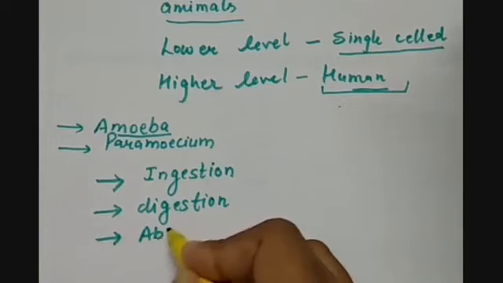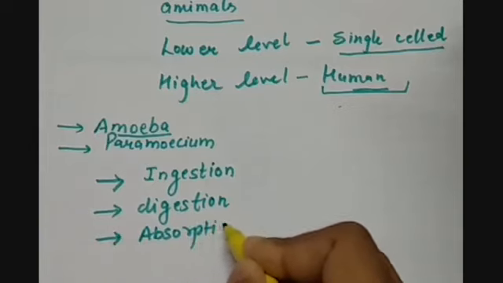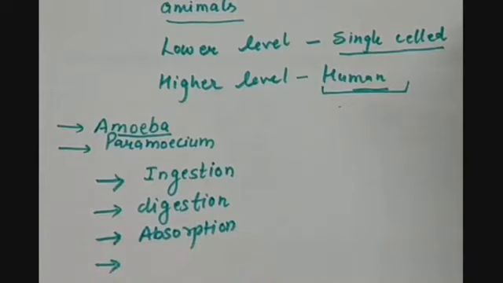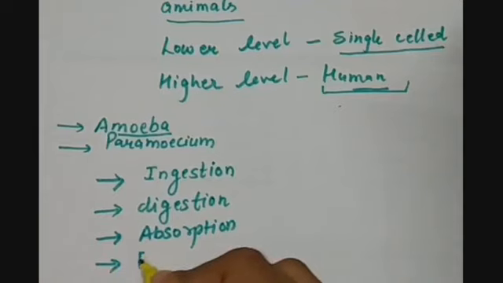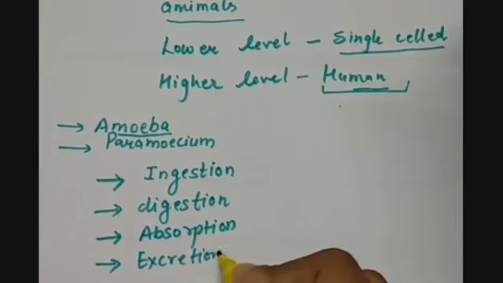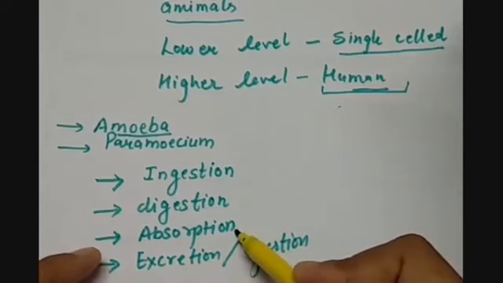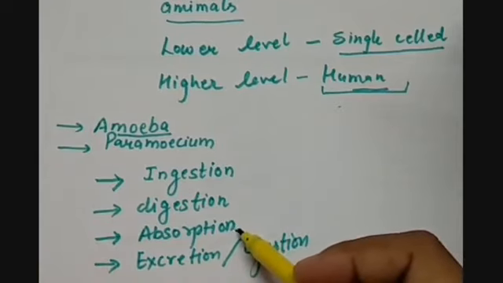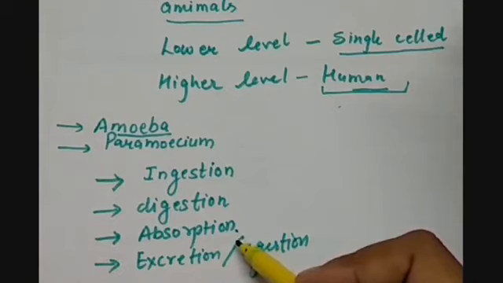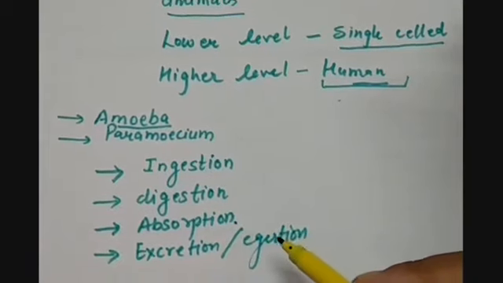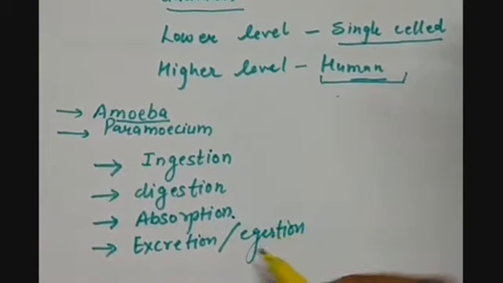Then absorption, and finally excretion or ejection. Absorption is the process of absorbing the nutrients from the food, and the rest of the food, which is waste for us, is egested out from the body, or it is excreted out from the body.